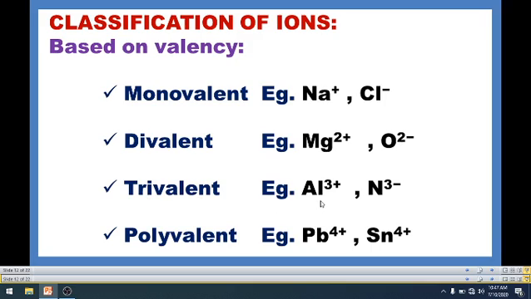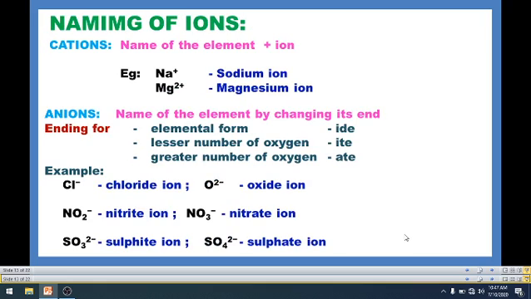It loses or gains 3 electrons: Al3+, N3-. Polyvalent ion: here I have given tetravalent, 4 means tetra, so Pb4+ and Sn4+. So based on the valency, we can classify the ions into monovalent, divalent, trivalent and polyvalent ions.